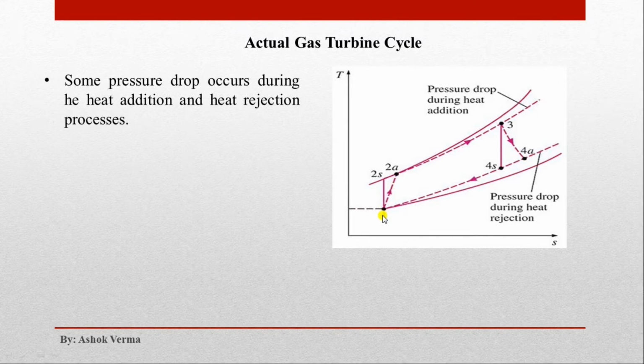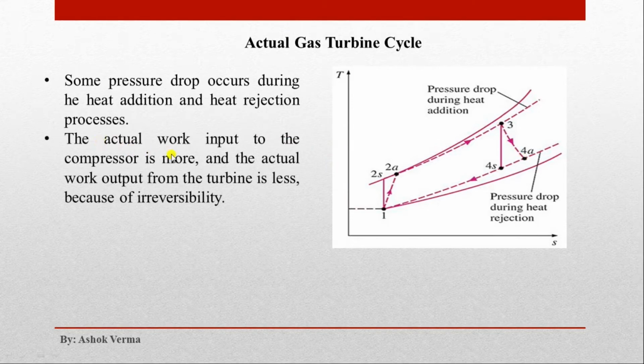So it will be diverted from this one to this one, and also the expansion will not be isentropic. This will be non-isentropic, from 3 to 4A. So due to the internally irreversible process, the work input in the compression will increase, and due to this irreversible expansion process, the net work output from the turbine will decrease.